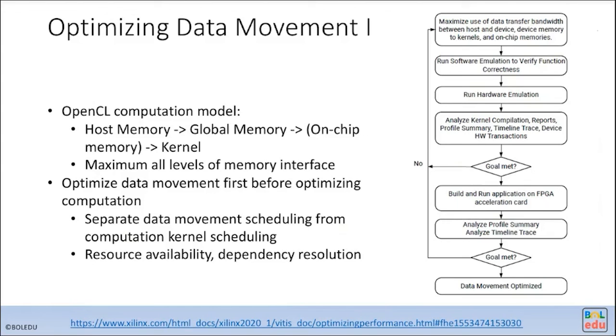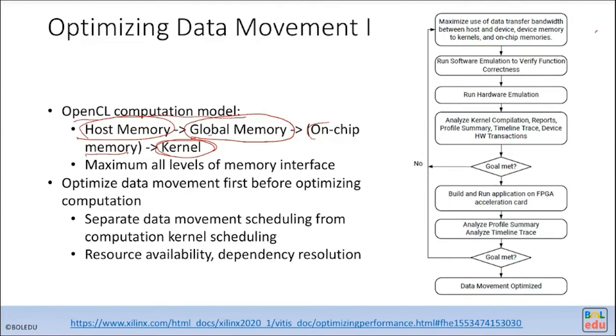Here let's talk about how to optimize the data movement. First, in the OpenCL computation model we introduced, there are different levels of memory, from host memory to global memory on the FPGA side, then an on-chip memory, and then the kernel that does the computation.